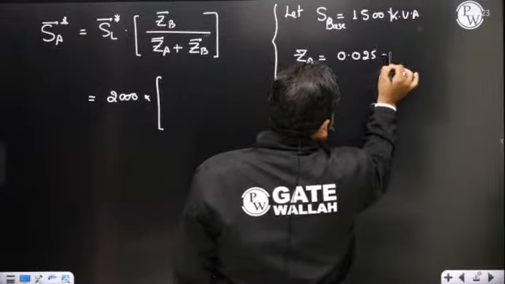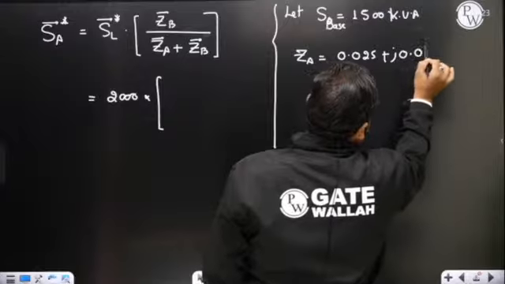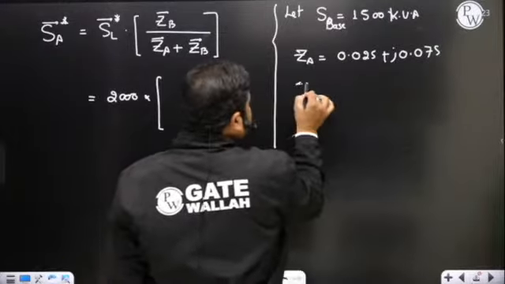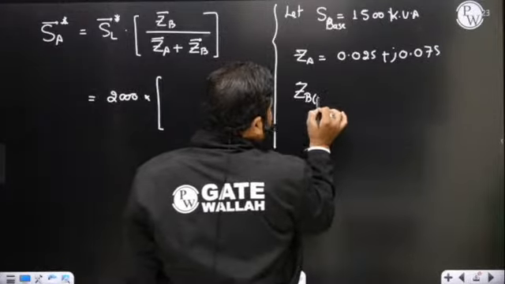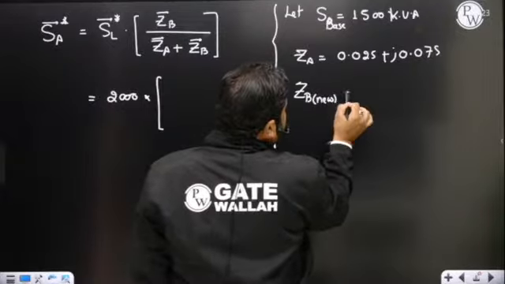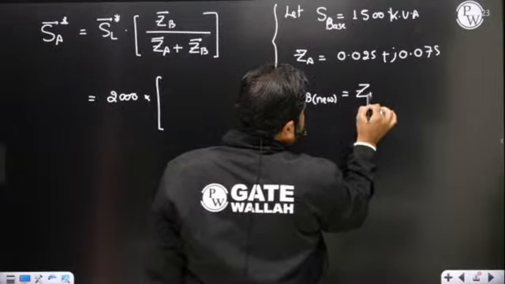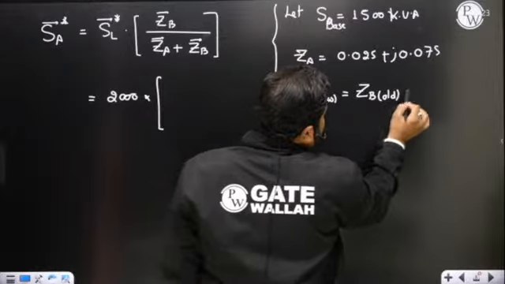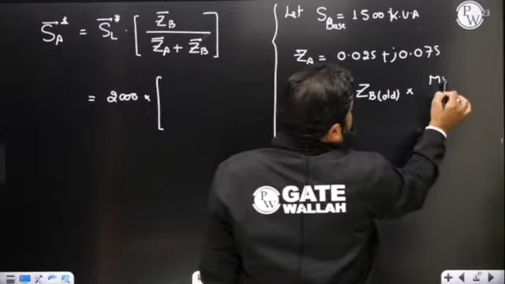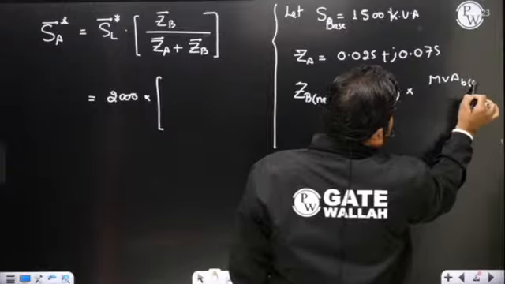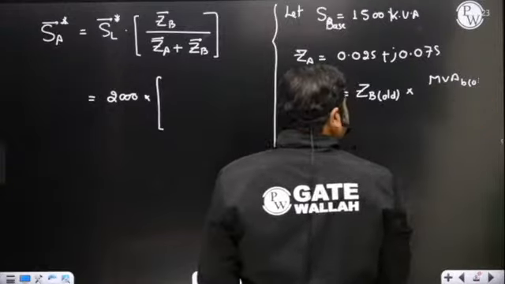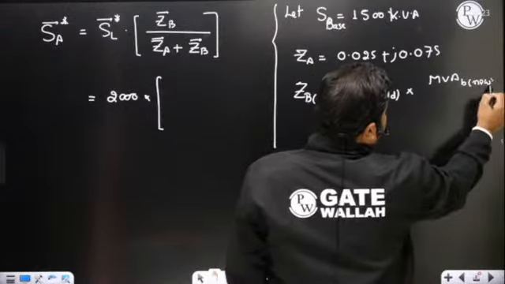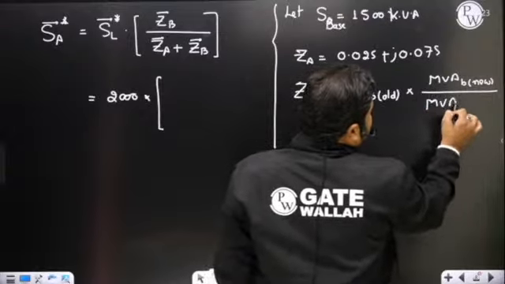Now what about ZB? We have to take ZB on a new base. So ZB on new base is ZB on old base into MVA base new by MVA base old.